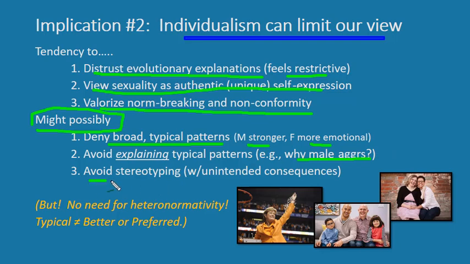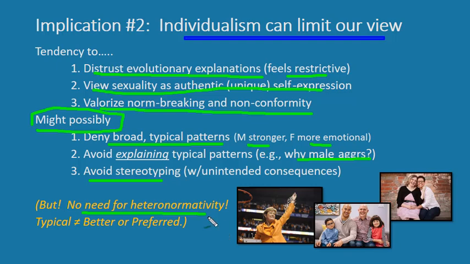And it could be that in our effort to avoid stereotyping, we don't talk about commonalities. We don't talk about ways in which women tend to be like this and men tend to be like this, and why is that? So in all of this, I want to suggest very quickly that whereas individualism can limit our ability to think in this more evolutionary way, it doesn't in any way suggest that we need to think about cis sexuality or heterosexuality as being more appropriate.